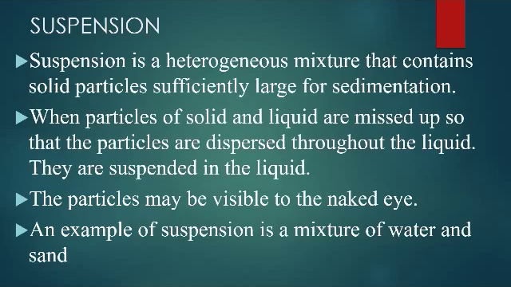So what did we discuss about heterogeneous? We say these are mixtures that are not uniformly mixed. It means that you can actually see some of the particles. And we say suspension is a heterogeneous mixture. Don't forget, we say a solution is a homogeneous mixture, but a suspension is a heterogeneous mixture.